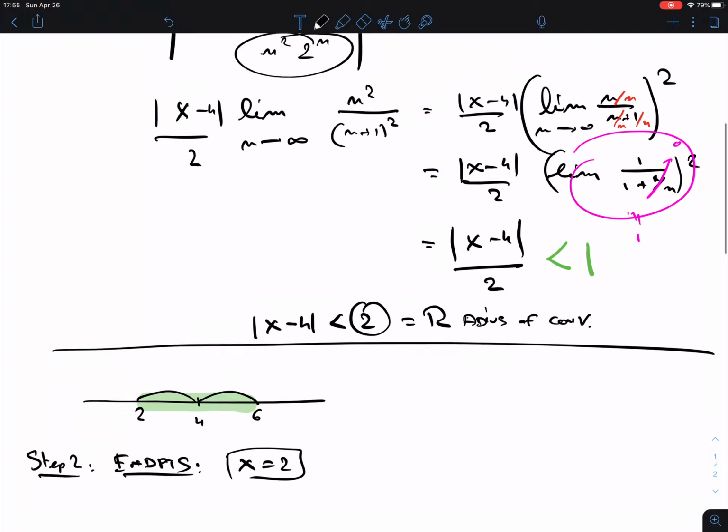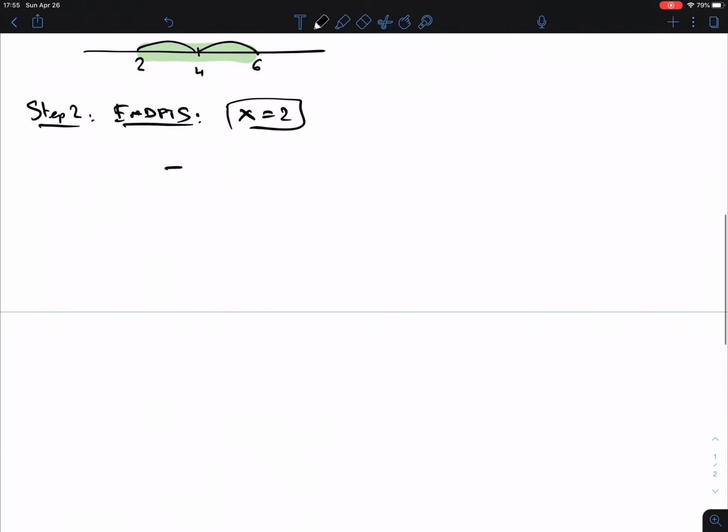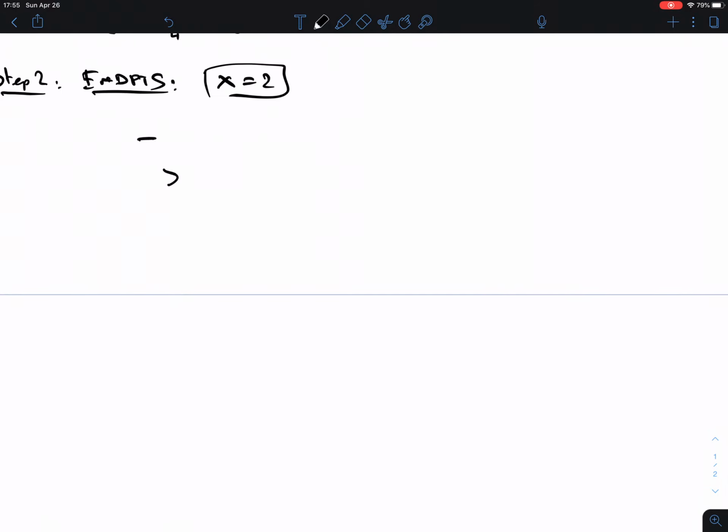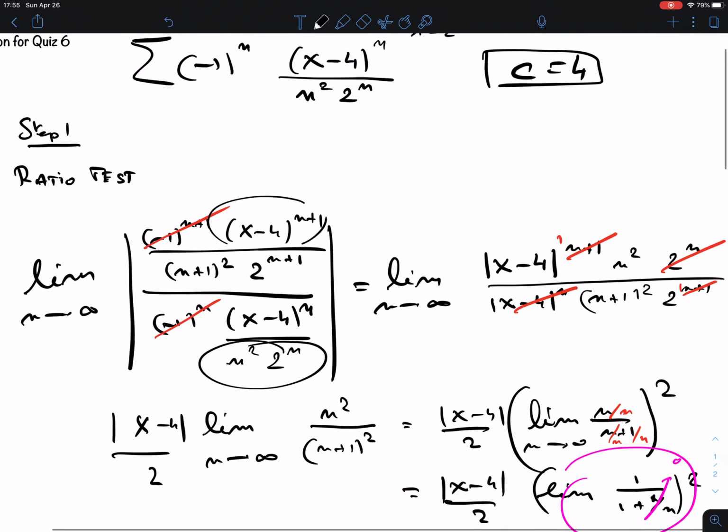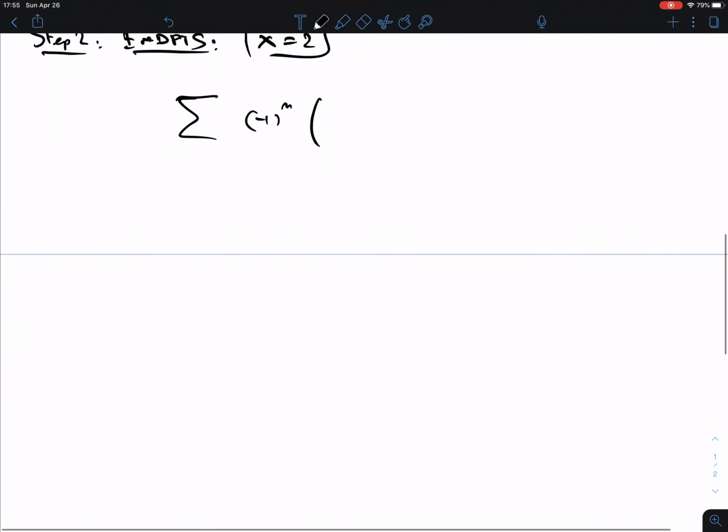So we get the summation of (-1)^n, then if I do 2 minus 4, that is (-2)^n. In the bottom we had an n squared and a 2 to the power n.